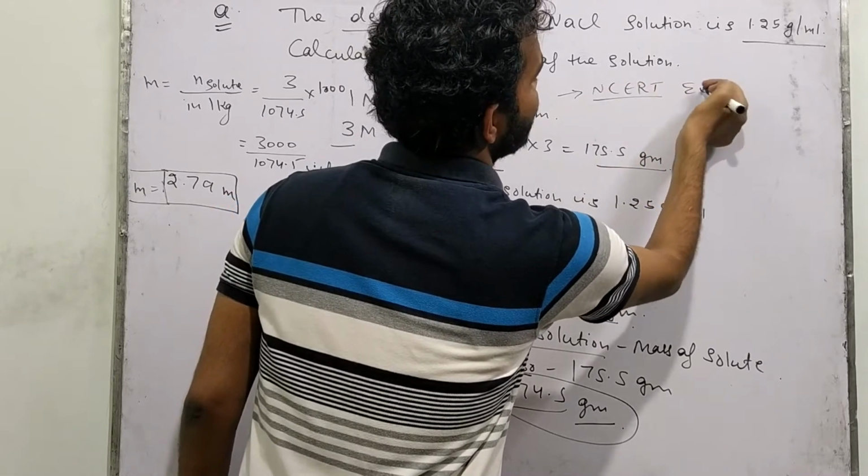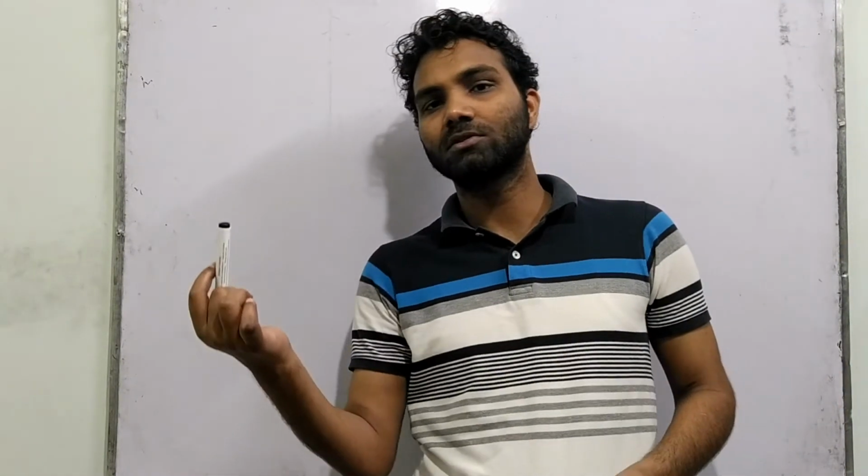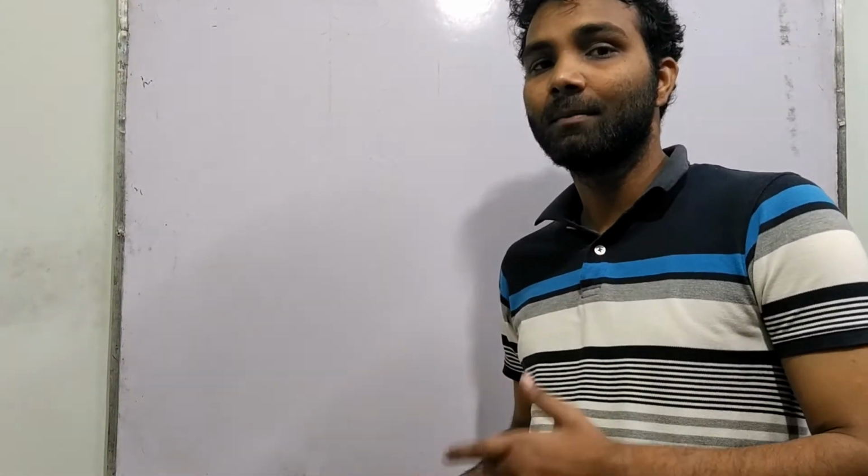Discuss about the effect of temperature on molality. Basically, molality is not affected by the temperature because there is no relation between the volume and the temperature. If you see the formula of molality, that is number of moles of solute present in per kg of the solvent. So here is the per kg of the solvent, means there is no relation is coming from the temperature and the volume here.